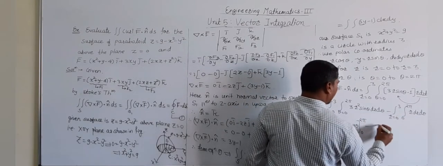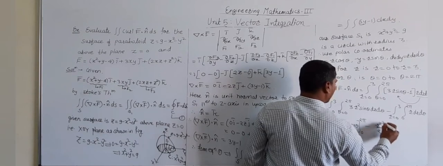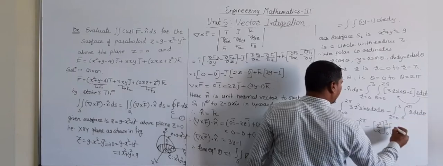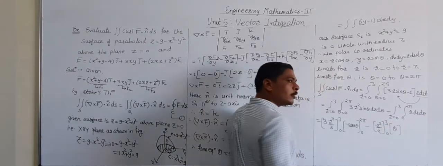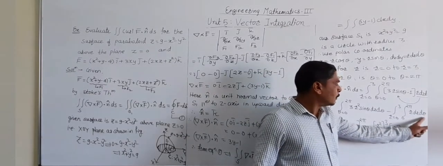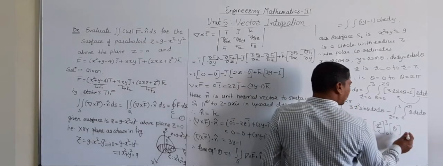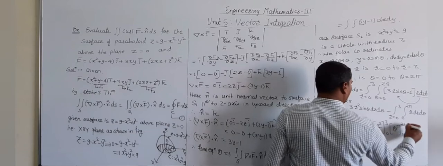Minus integration of r, which is r square upon 2, limit from 0 to 3, integration of 1 with respect to theta becomes theta, because the function of theta is absent. So it is constant 1. So integration of 1 with respect to theta is theta, limit from 0 to 2 pi.